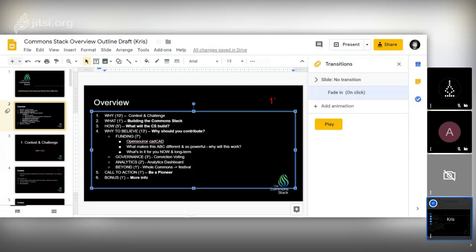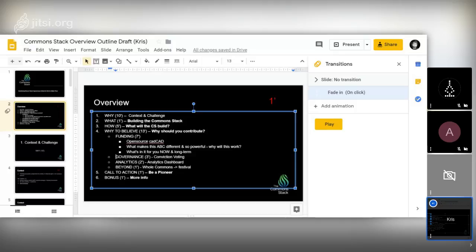Then you go into more reasons why to believe, why you should want to contribute. Here I split it up into funding elements specifically: open sourcing, what makes the augmented bonding curve so different and so powerful, what's in it for you now immediately and long term, so there's the 10/30 and so on, but also the ecosystem.